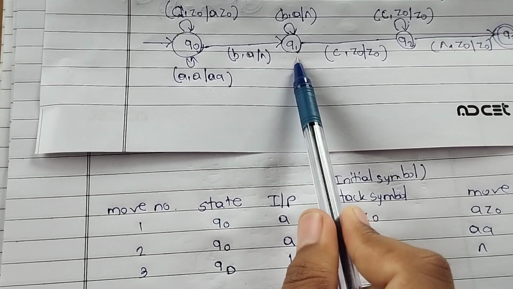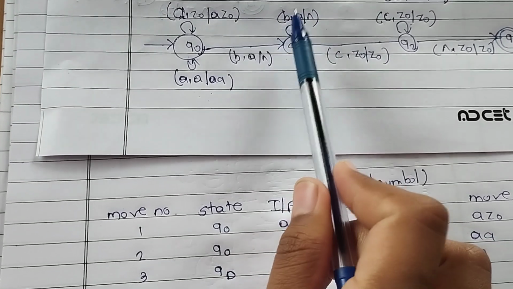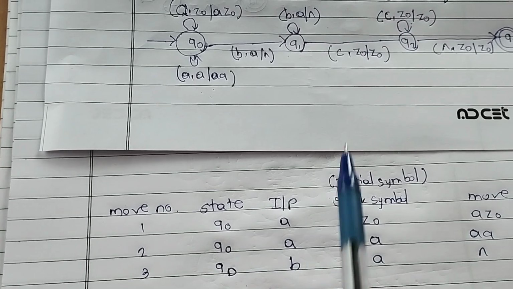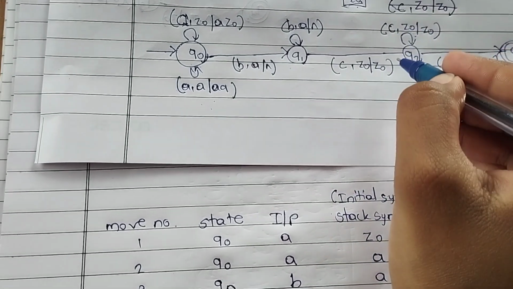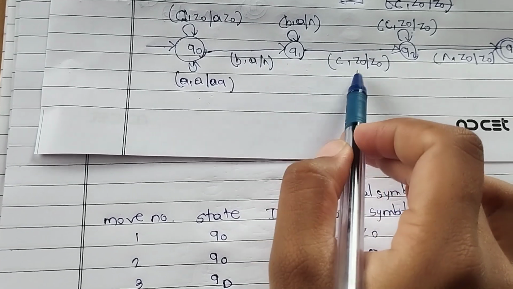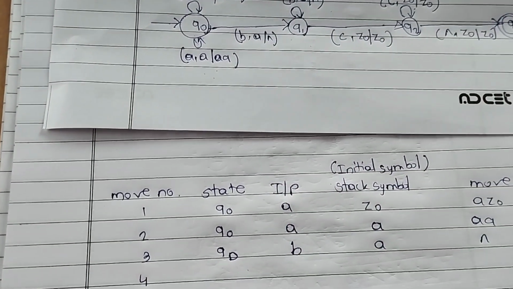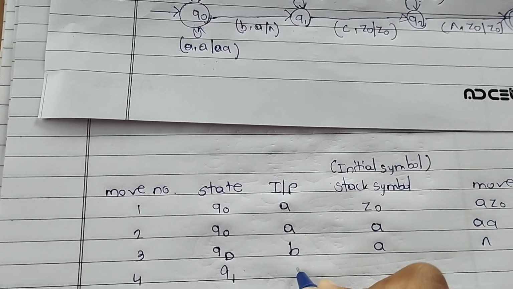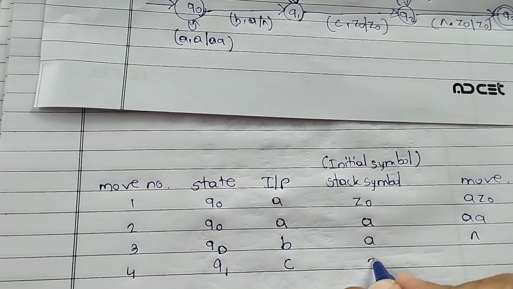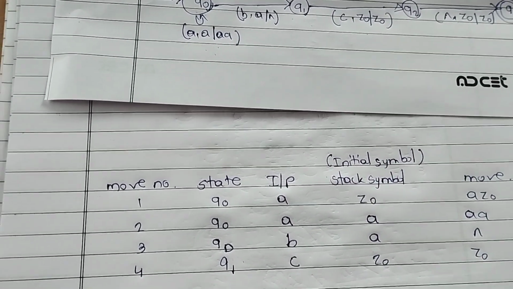Now for Q1, we do not write the bracket B A null again, because we already wrote it for the Q0 state. So write the second transition, which is performed by Q1, which is C Z0 Z0. So write here Q1 and the transition is C Z0 and Z0.